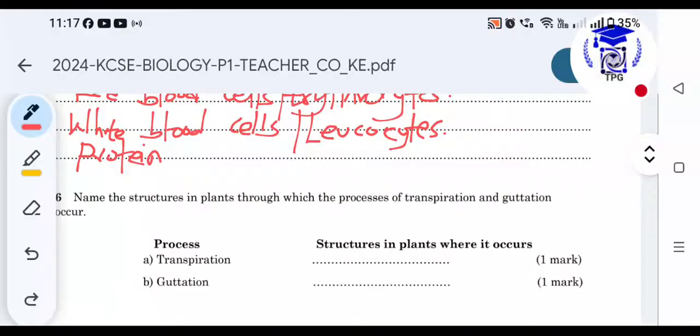So we have the red blood cells, the white blood cells, and the proteins. Those are, to be specific, the blood proteins. These proteins cannot pass through the intercellular spaces due to their large size. Let us continue to the next question.